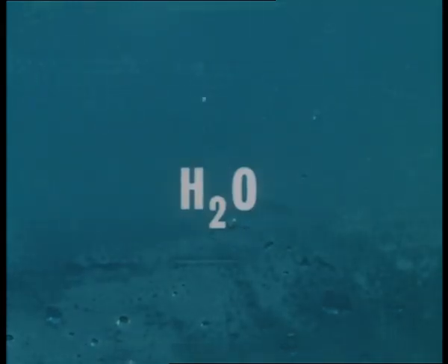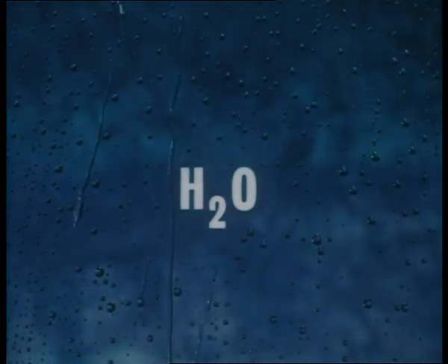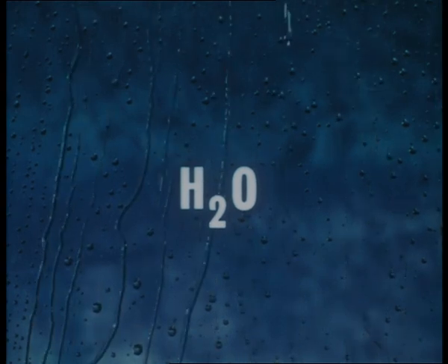When hydrogen burns in oxygen, two atoms of hydrogen combine with one of oxygen to form water. But this basic formula gives no clue to the nature of the water molecule. How do hydrogen and oxygen atoms combine to form water?